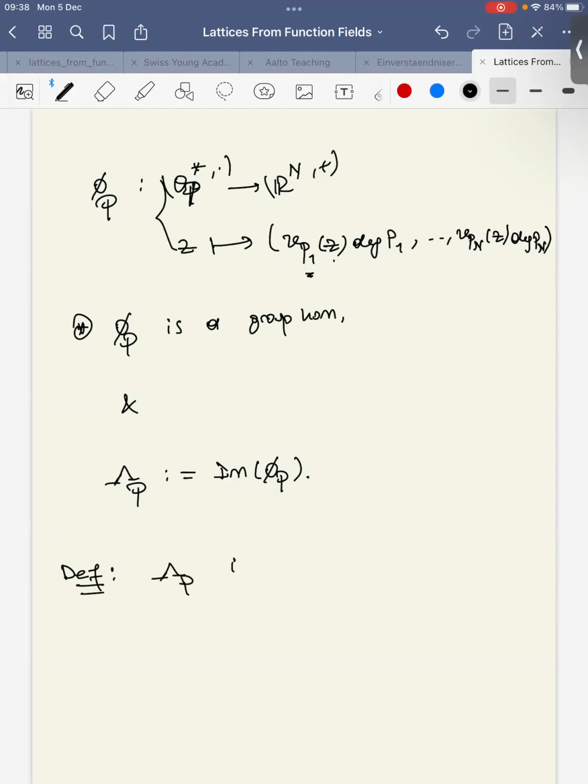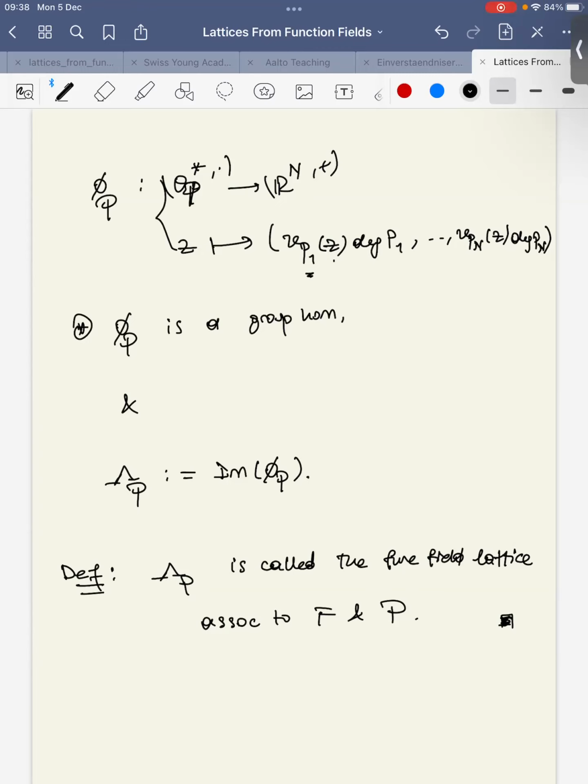So Lambda_P is called the function field lattice associated with the function field F and given n-tuple curly P. So the natural question is, what kind of properties do we have for this structure?